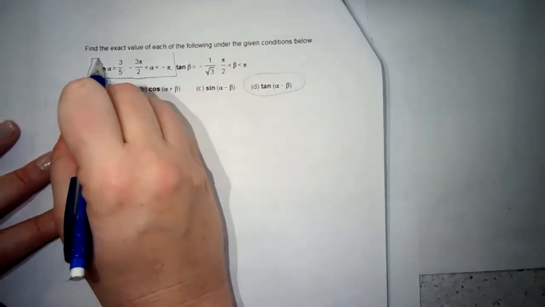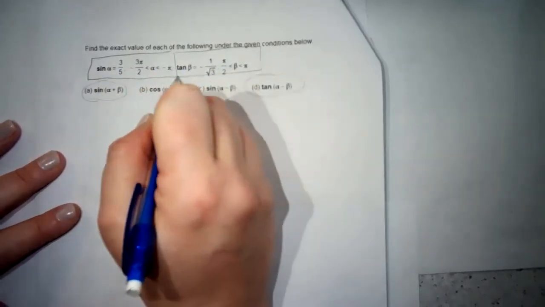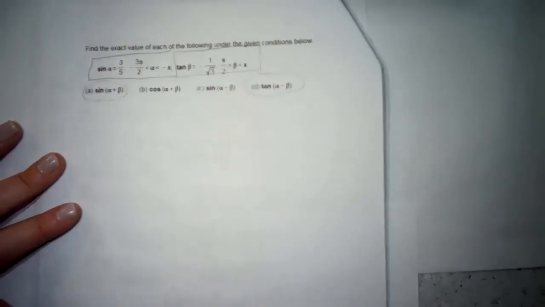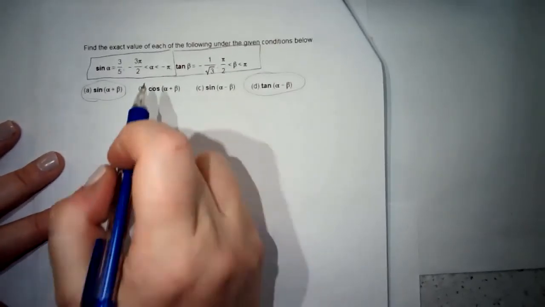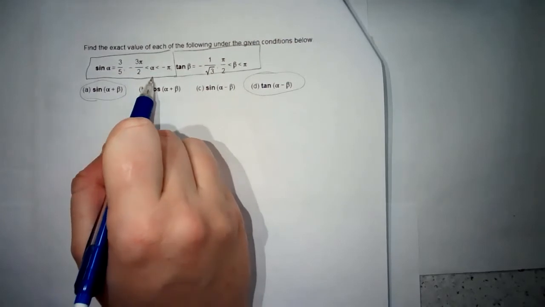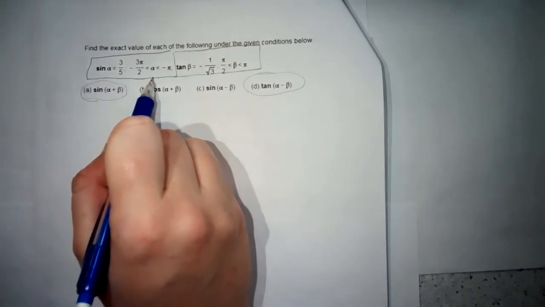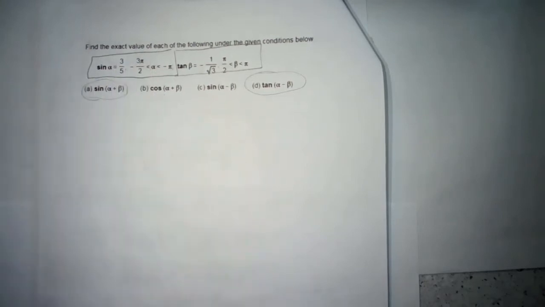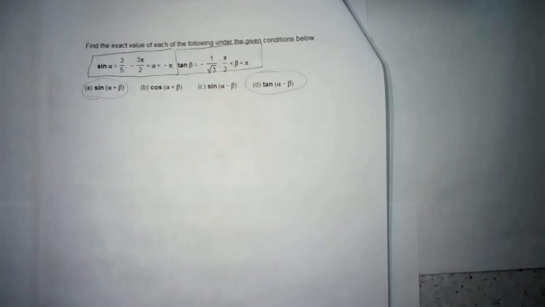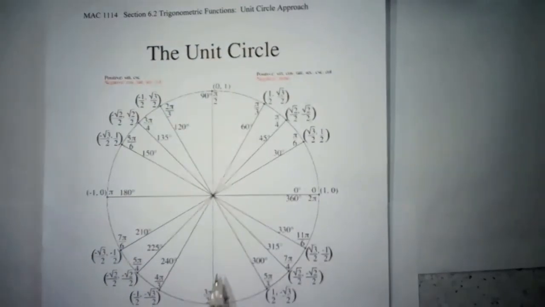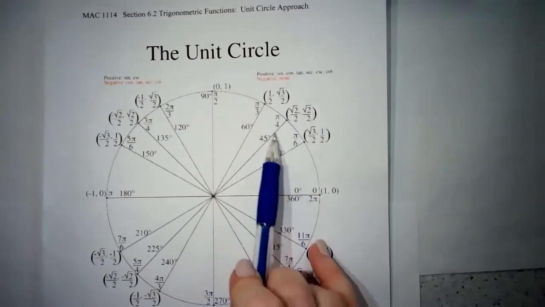So remember, there's 2 separate pieces of information here. It's not like one giant thing. Okay, we have to figure out, first of all, what quadrant is alpha in, because they've given us negative values. So alpha is going to be in negative 3 pi over 2. Normally positive 3 pi over 2 is straight down, right?